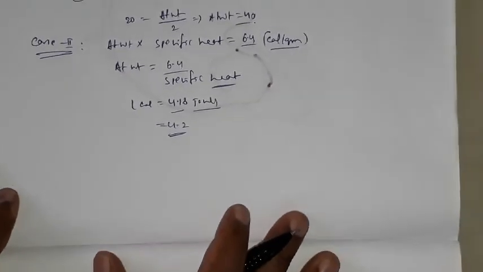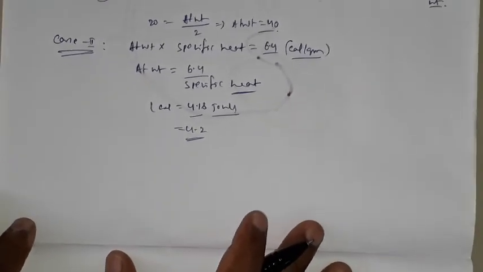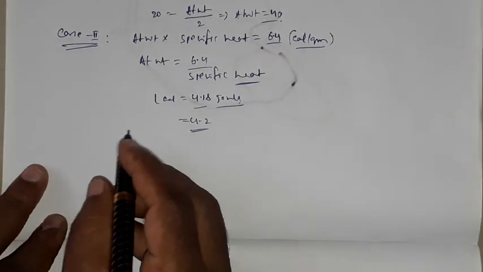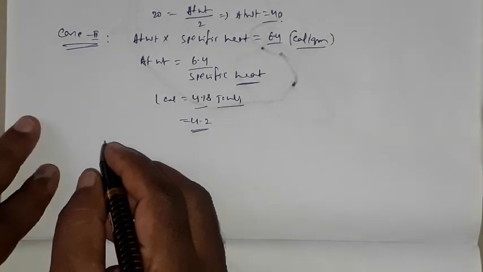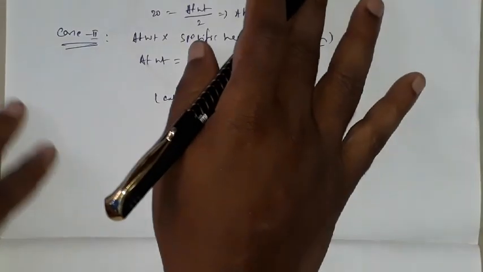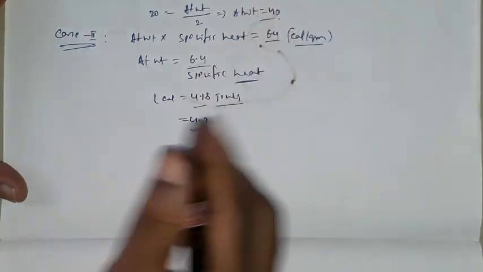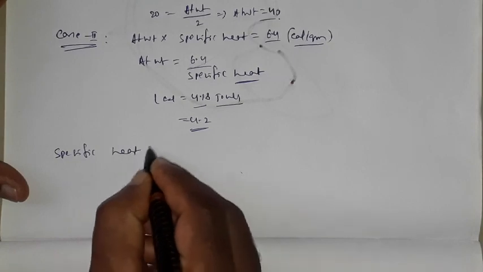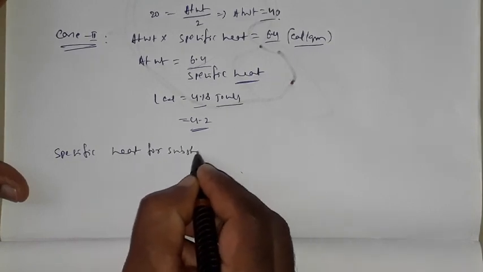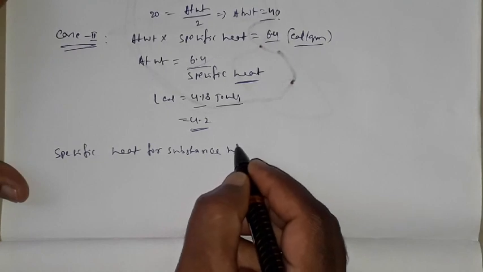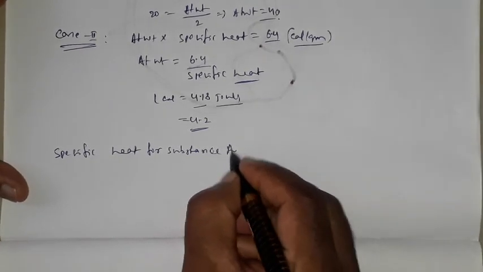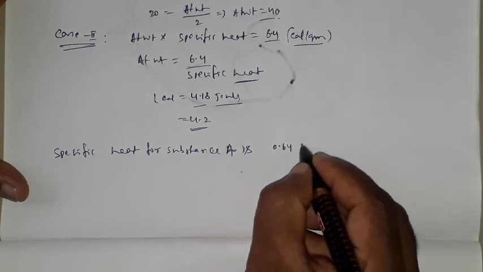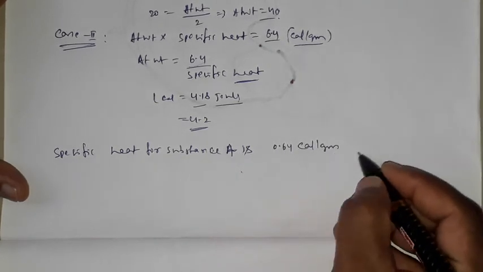Next, the specific heat of substance A is 0.64 calories per gram.